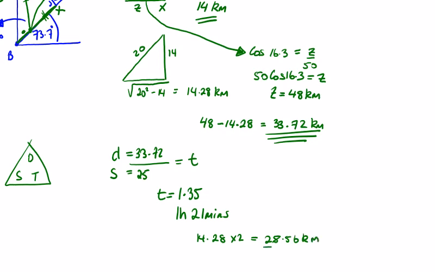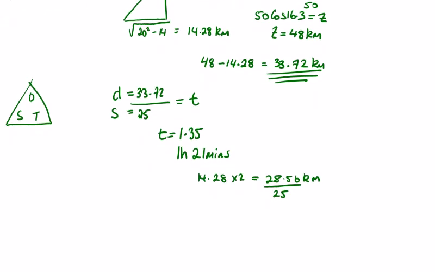And the speed it's traveling at is going to be 25 again, so just over an hour again. They're going to be able to exchange signals for 1.14 hours, which is the equivalent of 1 hour and just 9 minutes. And that's that question complete.